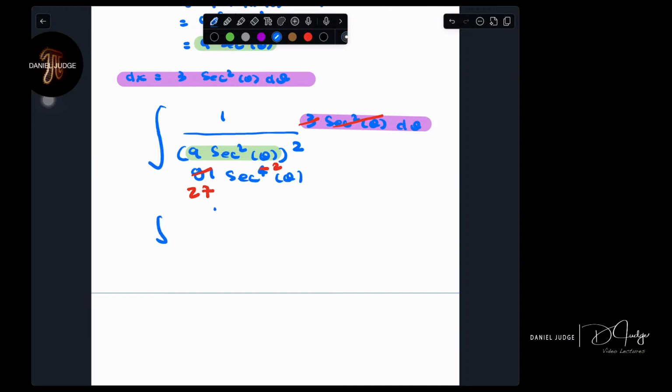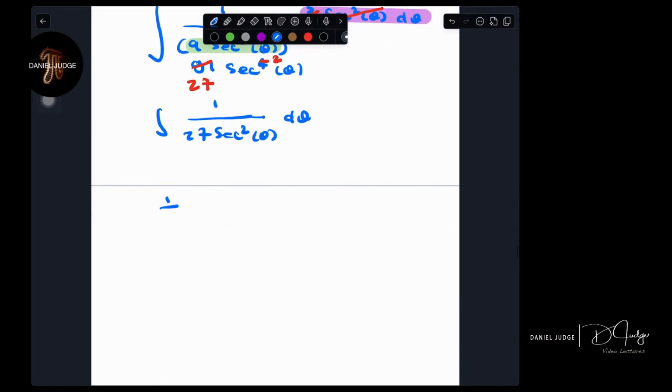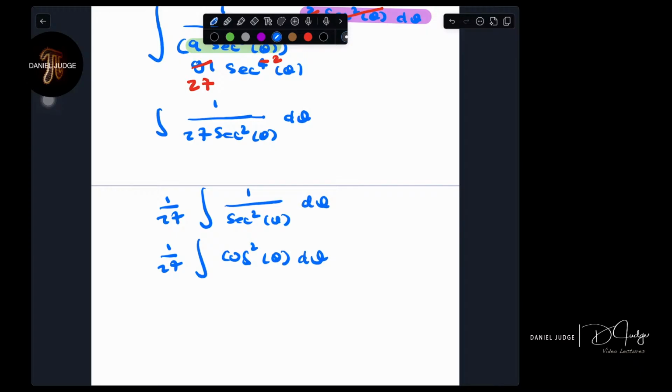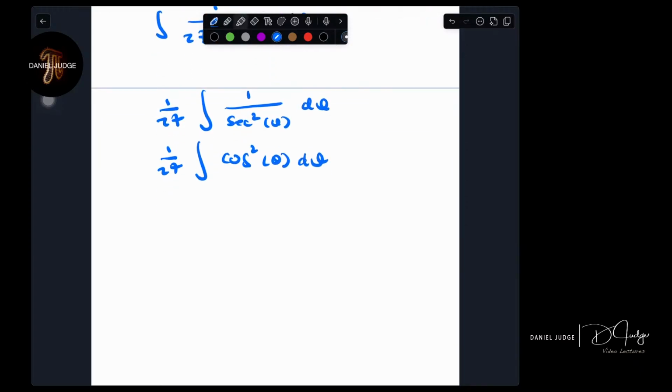So you have the integral of 1 over 27 secant squared theta d theta. Okay, it looks like it's okay. Now, pull out the factor of 1 over 27. You get 1 over secant squared theta d theta, which will give you 1 over 27. You're going to integrate cosine squared theta d theta.